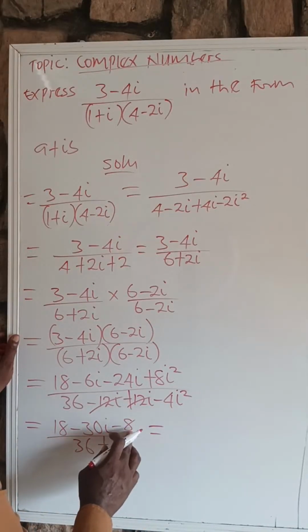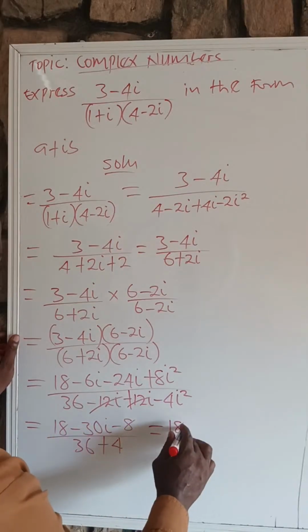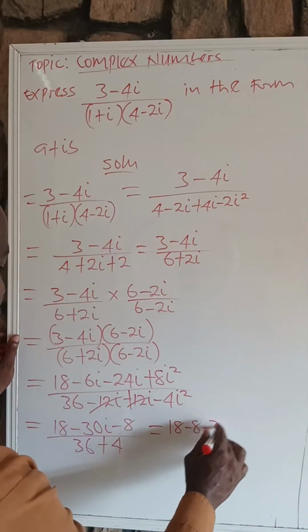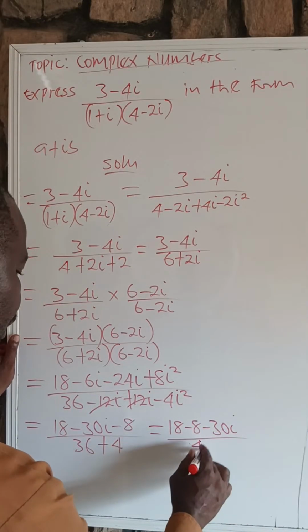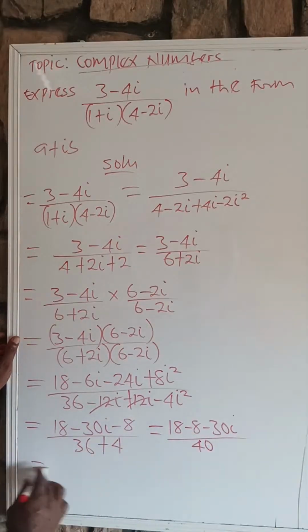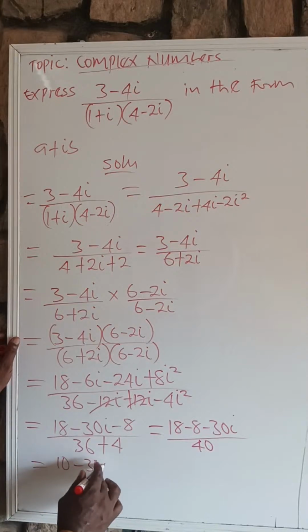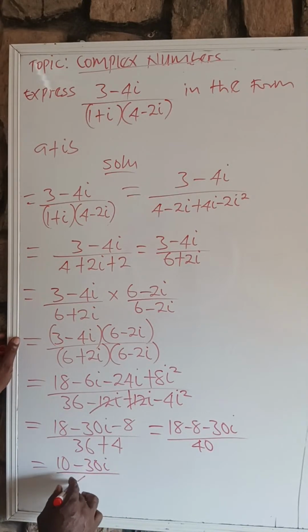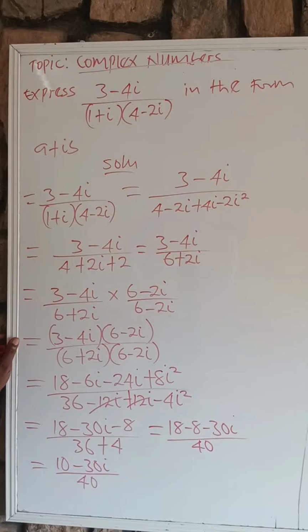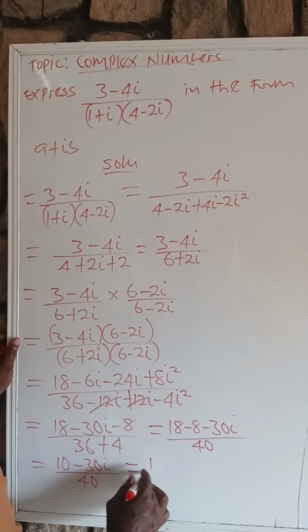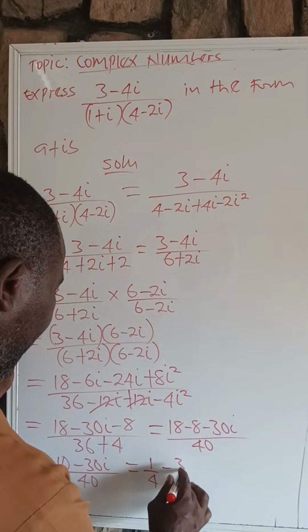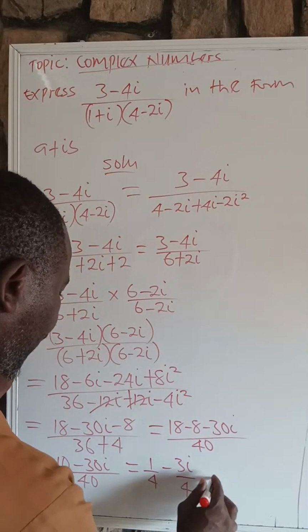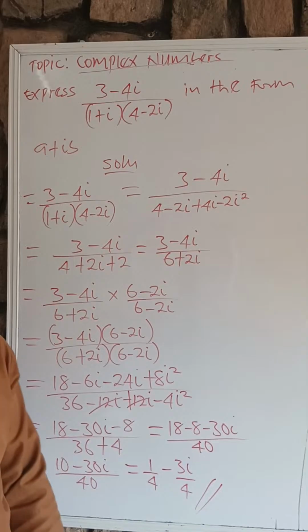Then 18 minus 8, we collect like terms. 18 minus 8 minus 30i all over 36 plus this is 40. Then this is equals to 18 minus 10 minus 30i all over what? 40. So this is either 1 all over 4 minus 3i all over 4. This is the final answer.